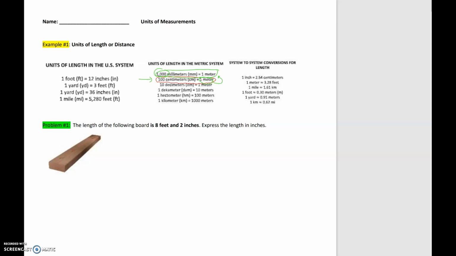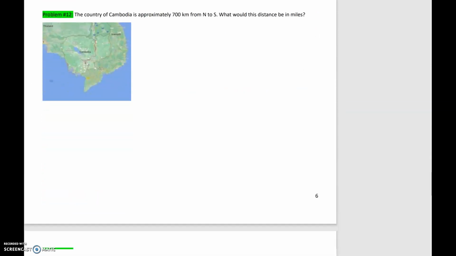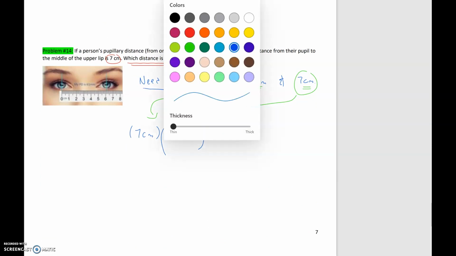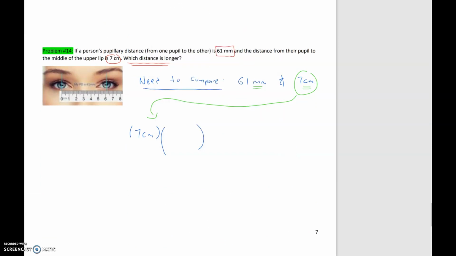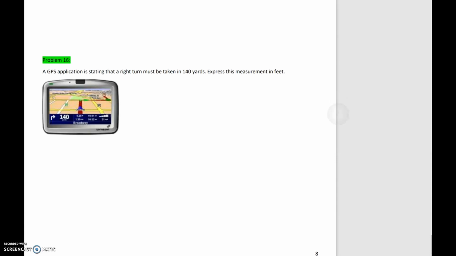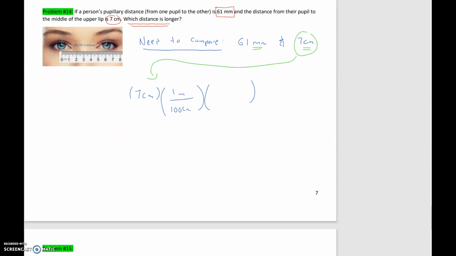So let me do the first change to meters. And this is just one way to approach it. There could be another conversion table with the value already included. So in this case, I'm going to change it into a meter. So 100 centimeters represents 1 meter. And then 1 meter represents 1000 millimeters.